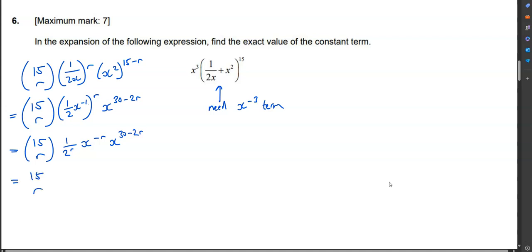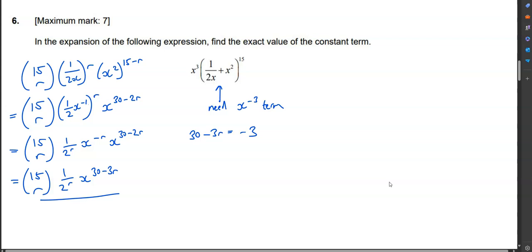We are almost there. 15 choose r, 1 over 2 to the power of r, x to the 30 minus 3r. So every single term from this expansion can be written like this for different values of r. And so we're going to say we want 30 minus 3r to equal negative 3.